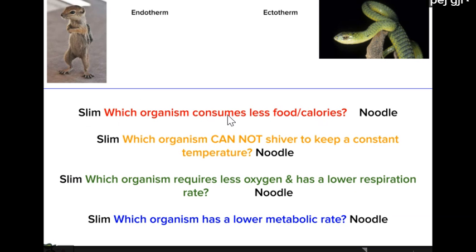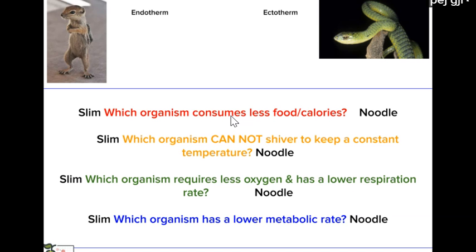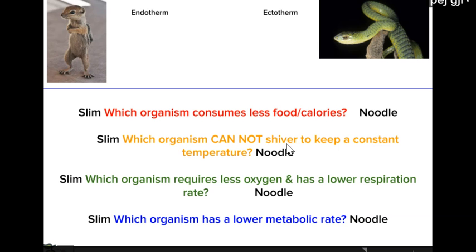So which organism consumes less food, less calories? Which one has to eat less? Which one cannot maintain body temperature? So which one cannot shiver to keep a constant temperature? Grab your yellow dot, put it on Slim or Noodle.